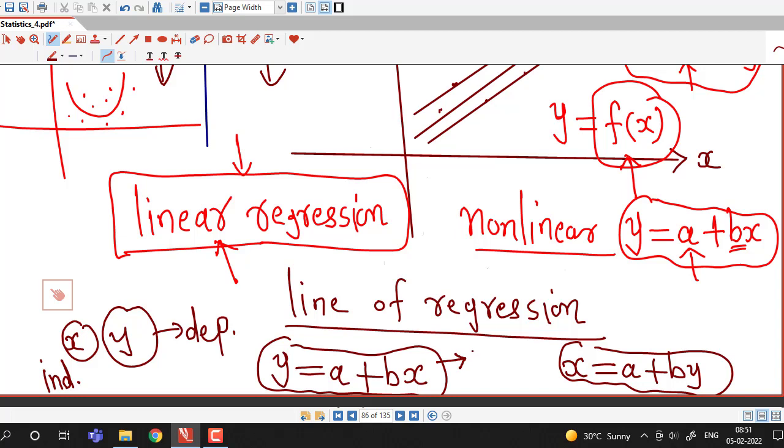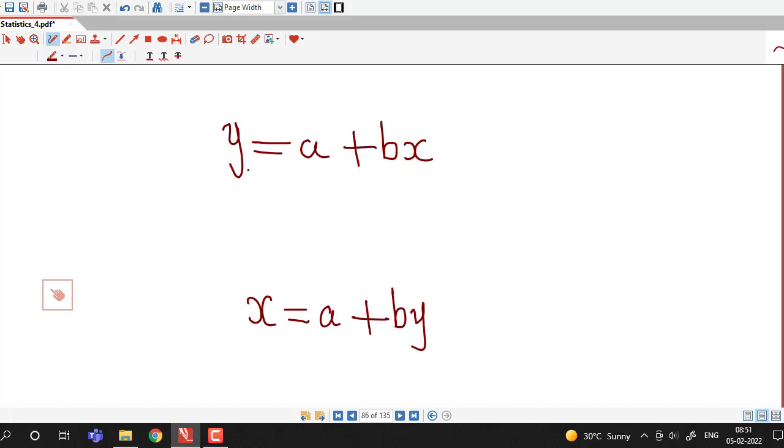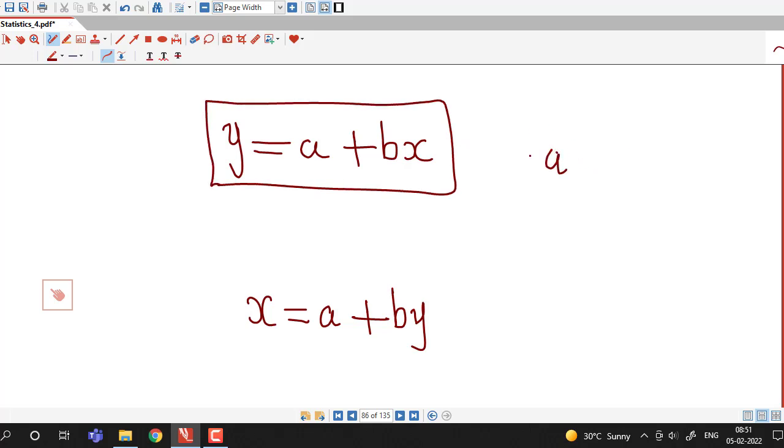This equation of line is known as the regression equation of y on x, and this is known as the regression equation of x on y. So throughout this unit, our aim is to establish the linear relationship between given variables, or to find the line of regression of y on x, or the line of regression of x on y. And we know that a straight line can be represented in this form, y equal to a plus bx.